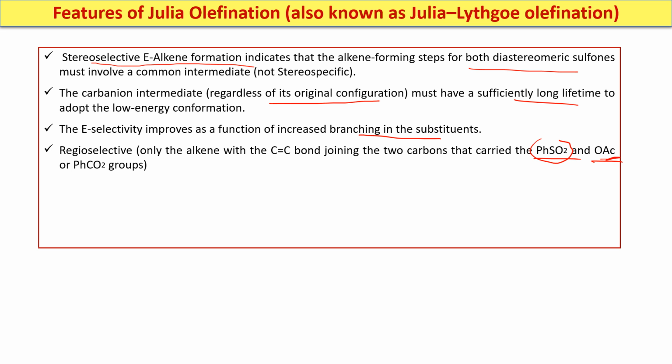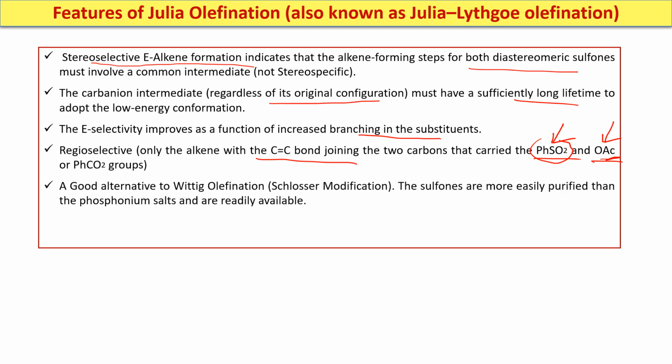We are removing PhSO2 along with OAc or PhCO2. That is why it is regioselective. Only the alkene with the C=C double bond will be formed, involving two carbons: one carbon carrying this group, and another carbon carrying the leaving group, that is OAc or PhCO2.